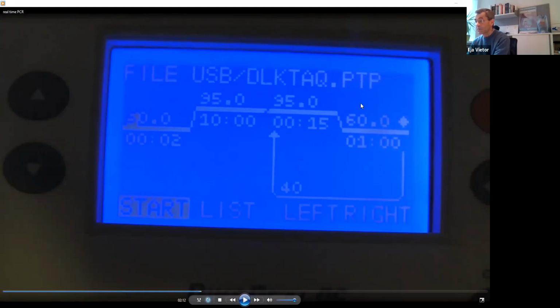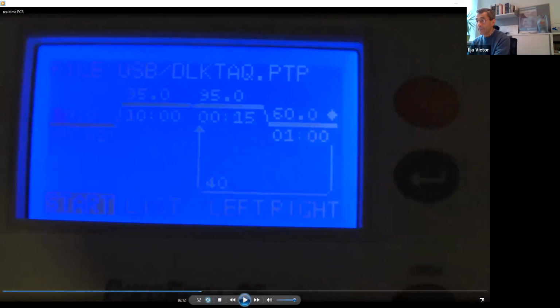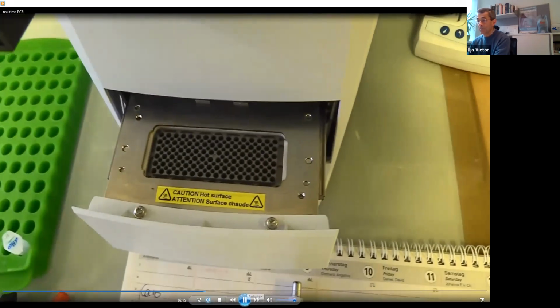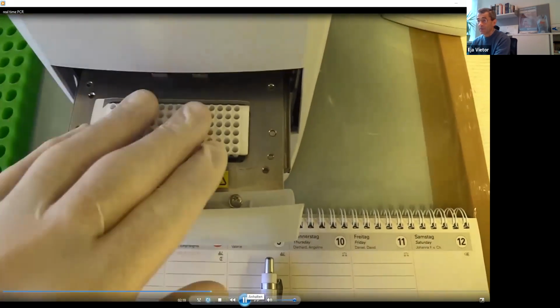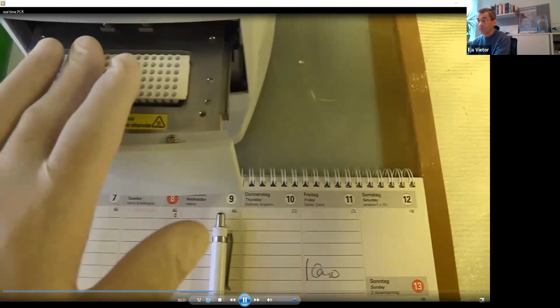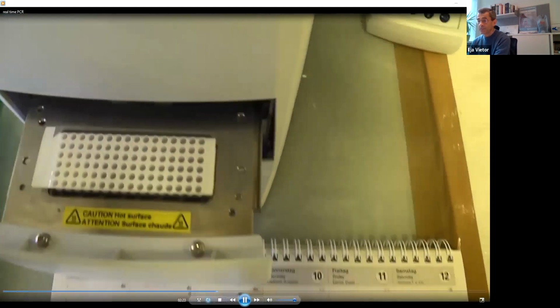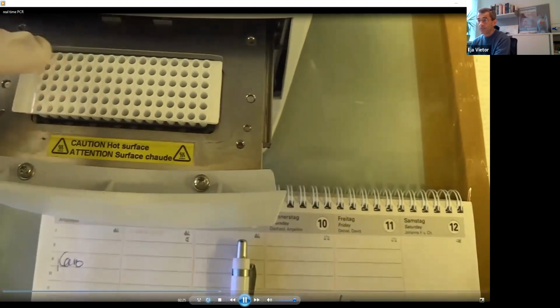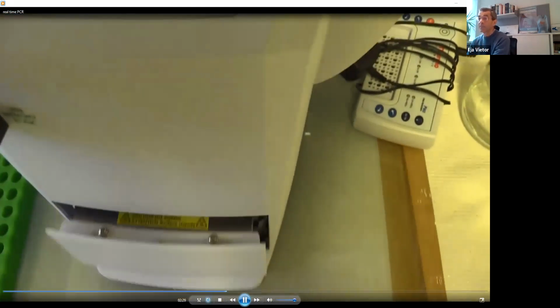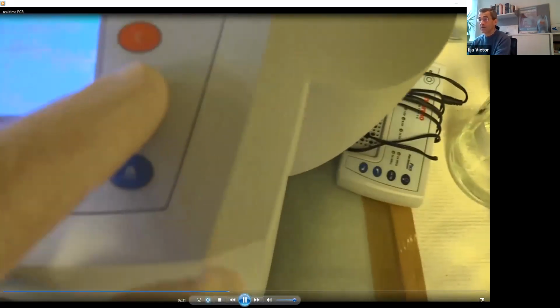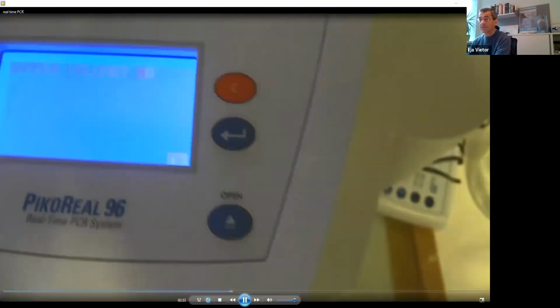During each cycle, the signal is always read. You open the instrument, put in your samples, they have to be properly sealed, clean, close it, and start the run.